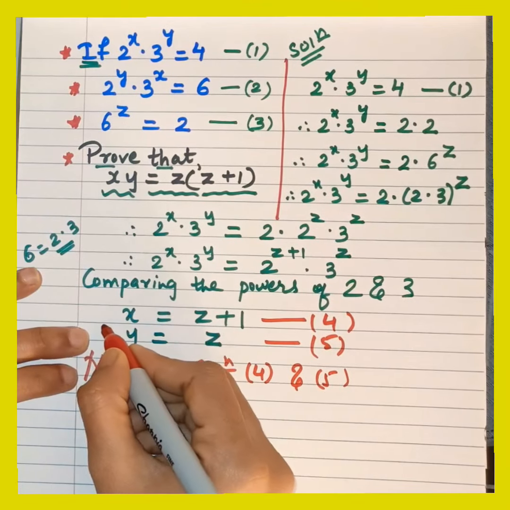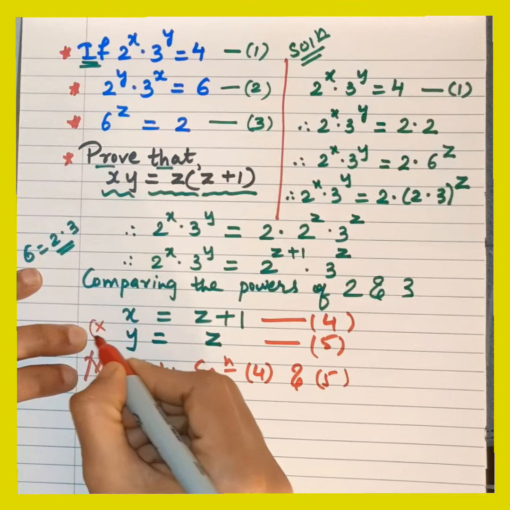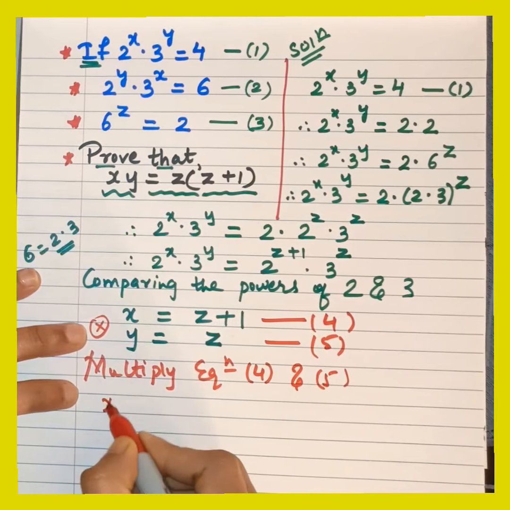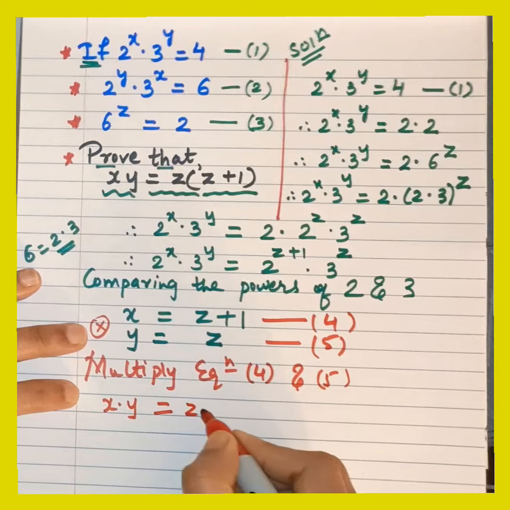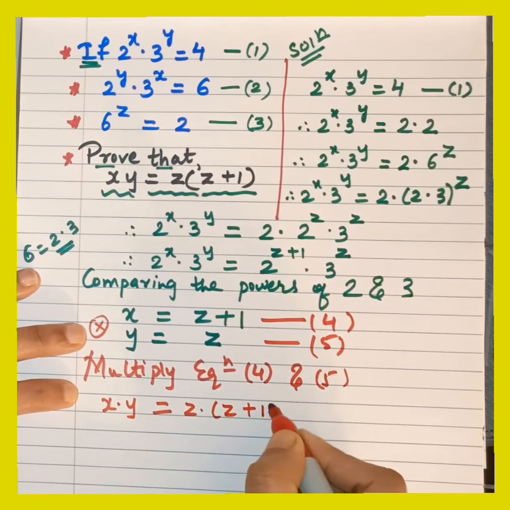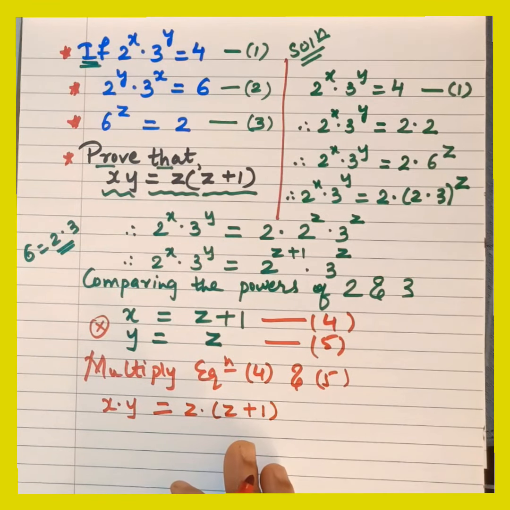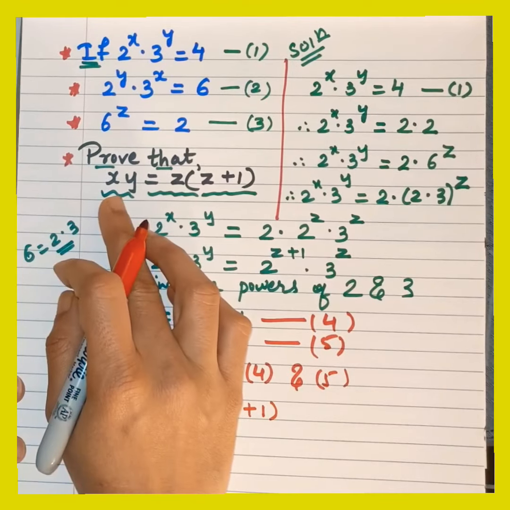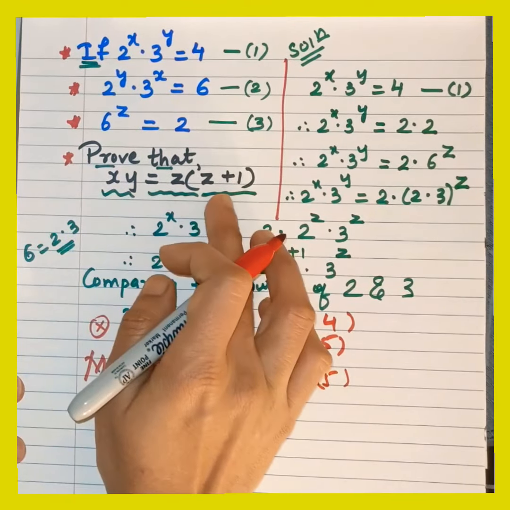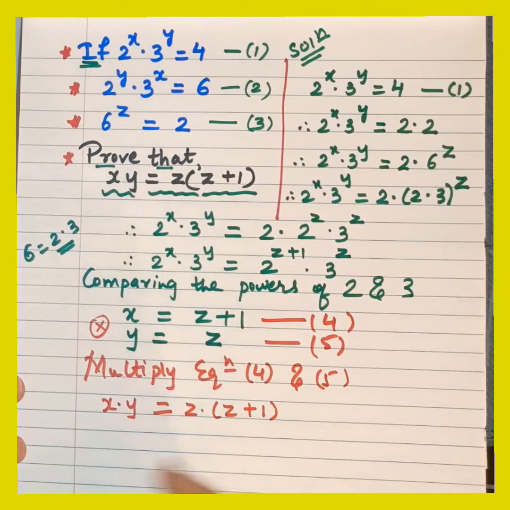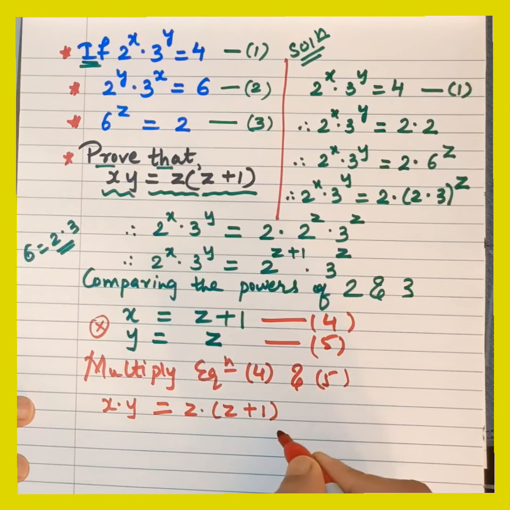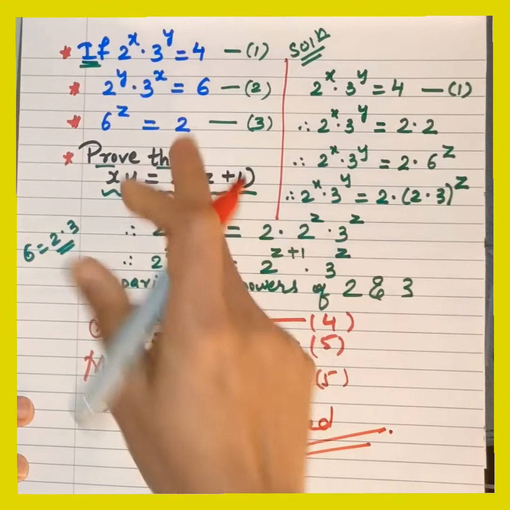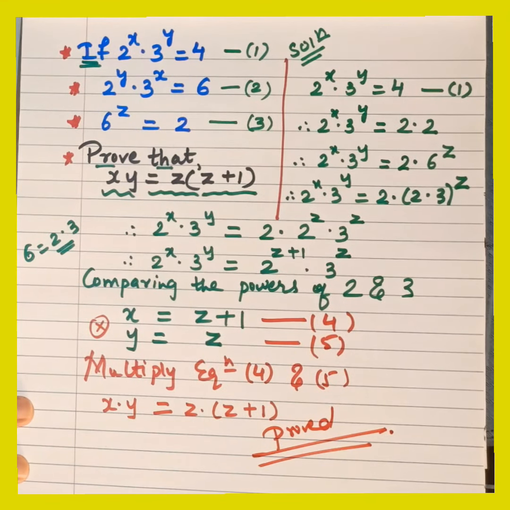So x · y, here I am getting x · y equals, here what I will get, z(z + 1). So this I am getting after multiplication, and this we needed to prove, right? x · y = z(z + 1), and this we have got. So hence this is proved. So this way we will do this type of question. I hope you understood. Thank you.